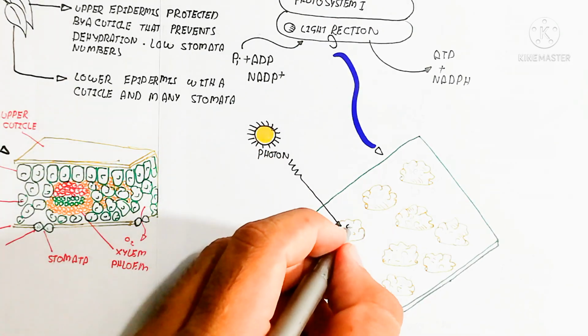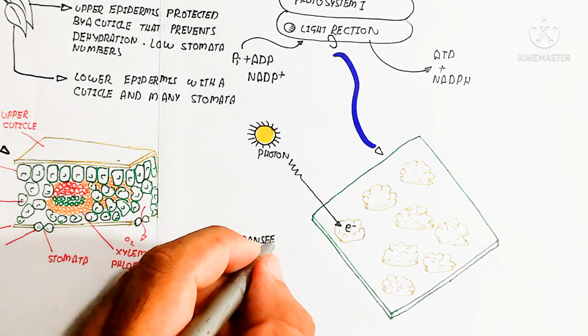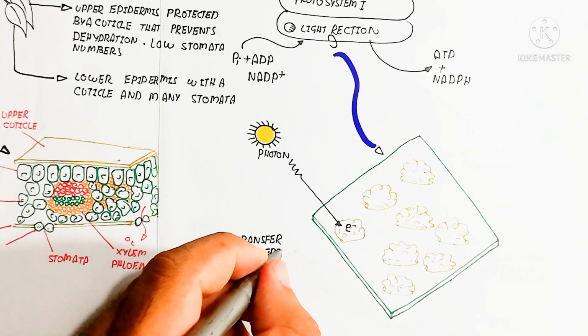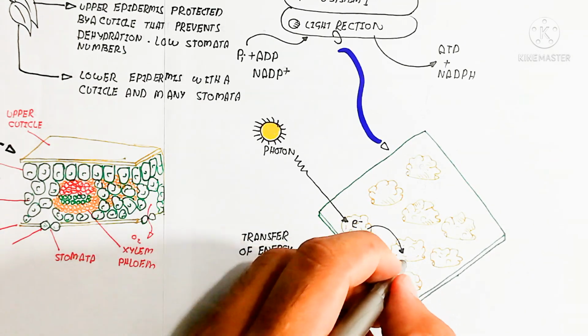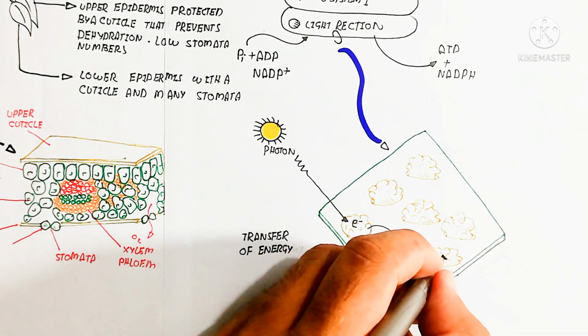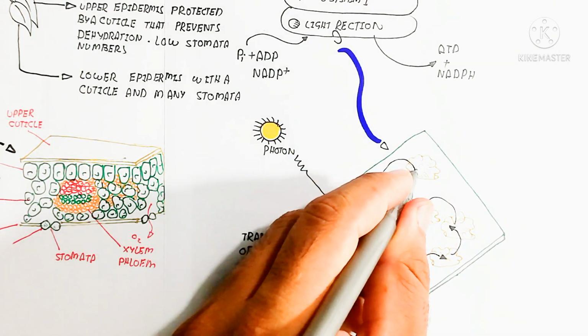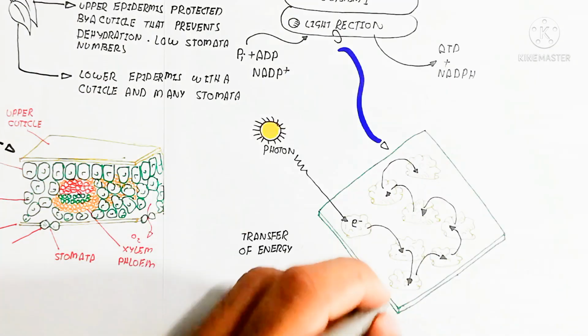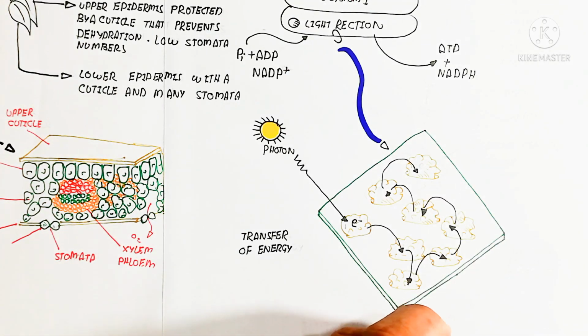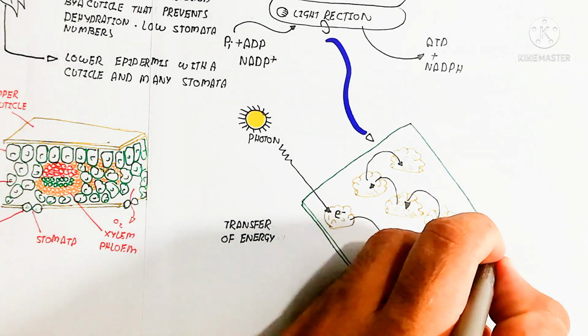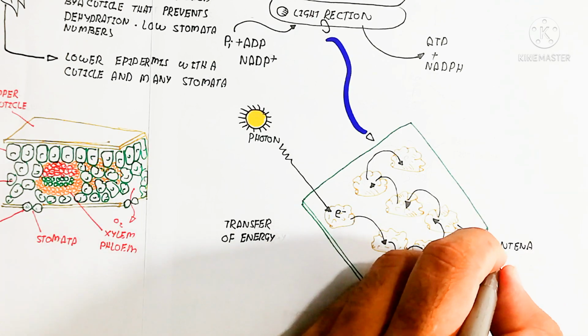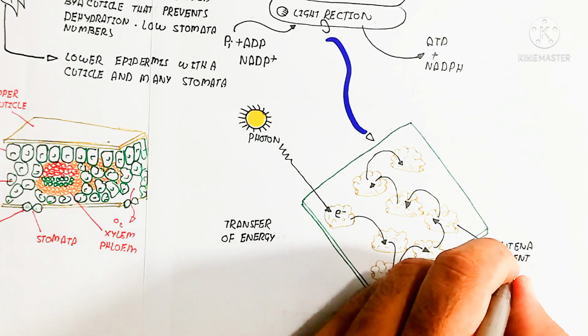On the other hand, we will discuss the photosystem. So what is the photosystem? The photosystem is a sheet that covers the thylakoid membrane. The thylakoid membrane is basically the photosystem. It contains antenna pigment molecules. When light falls, it moves from one antenna pigment molecule to another.